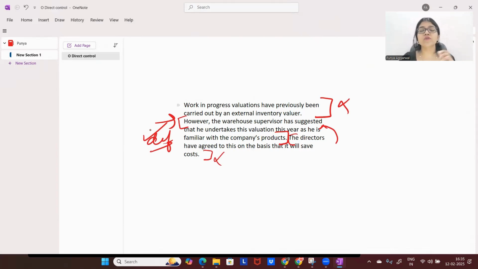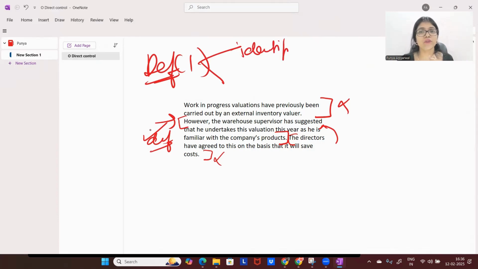Now, what a lot of students do is they copy paste the entire paragraph into their answers, right? Which is again very weird and you won't get marks. I will explain the reason why. When you write deficiencies, the question is for 1 mark per point, right? That is further bifurcated into identification of the deficiency from the question and then the explanation part.